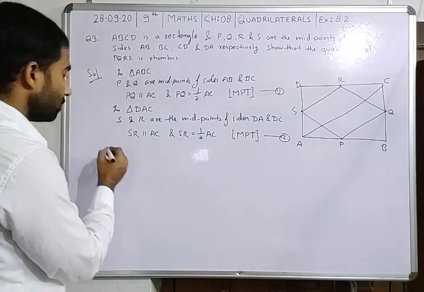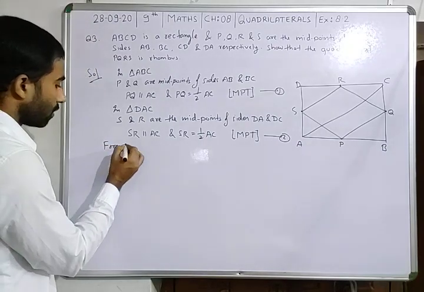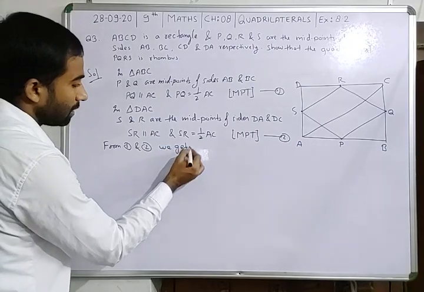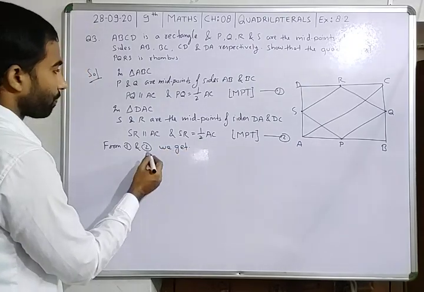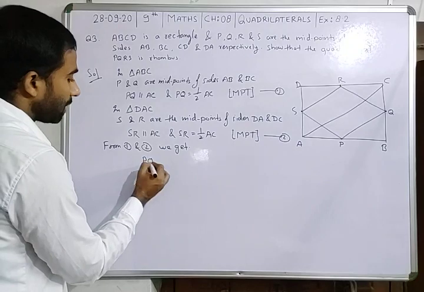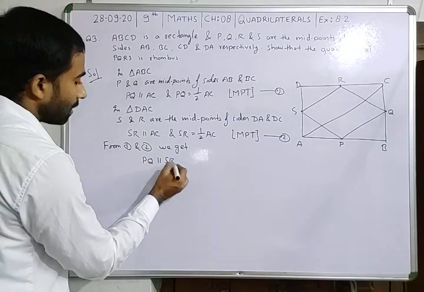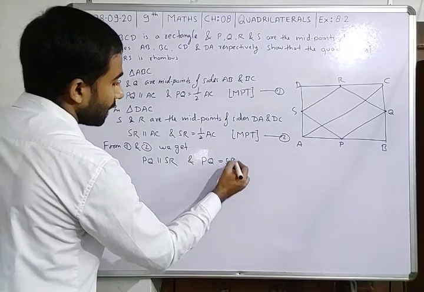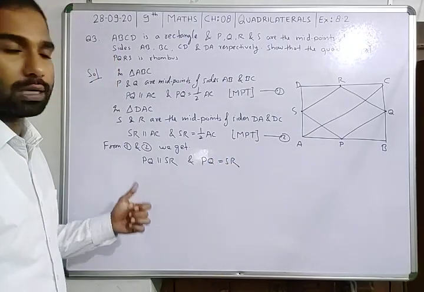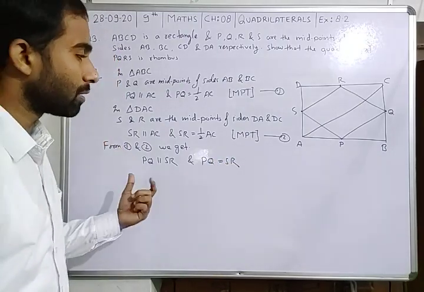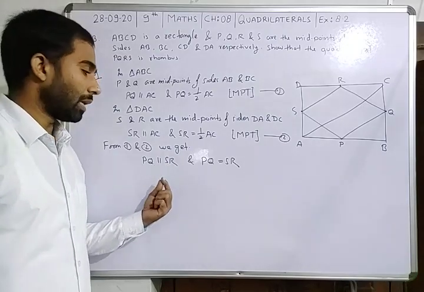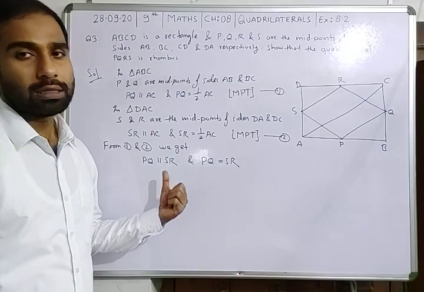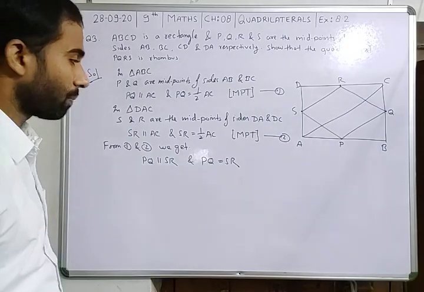From 1 and 2 we get PQ is parallel to SR and PQ is equal to SR. So I taught you, if in any quadrilateral one pair of sides is equal as well as parallel, then that quadrilateral is a parallelogram.